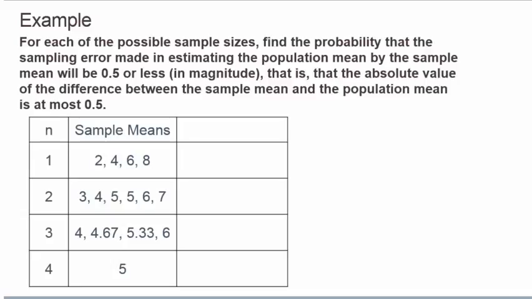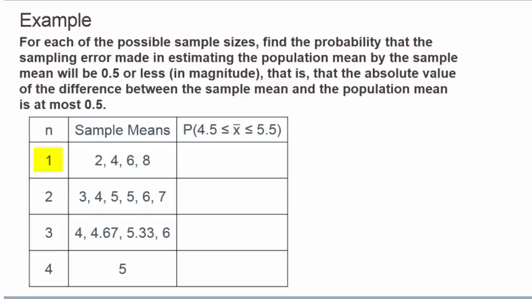The population mean is 5. 5 minus 0.5 is 4.5, and 5 plus 0.5 is 5.5. The estimate can be between 4.5 and 5.5. We are looking for the probability 4.5 is less than or equal to the sample mean, less than or equal to 5.5.